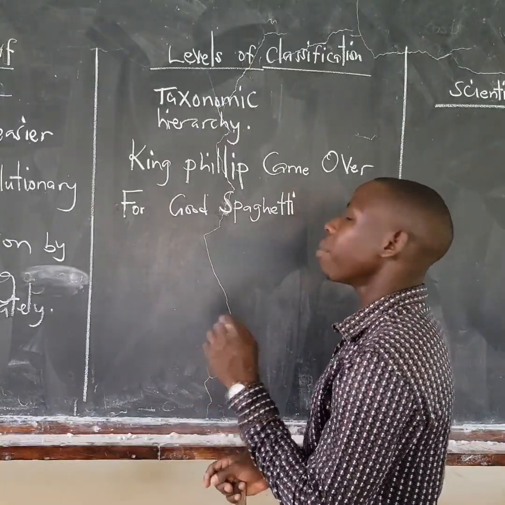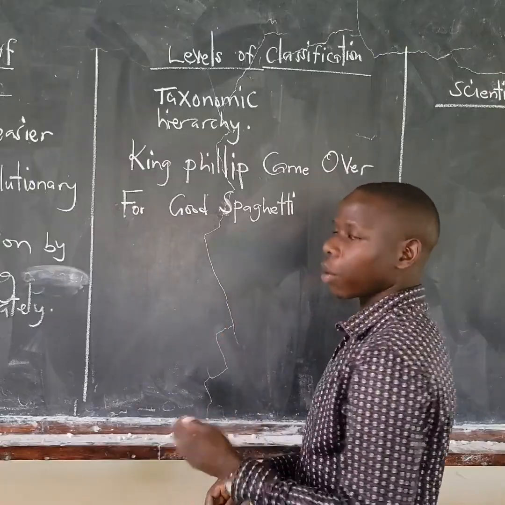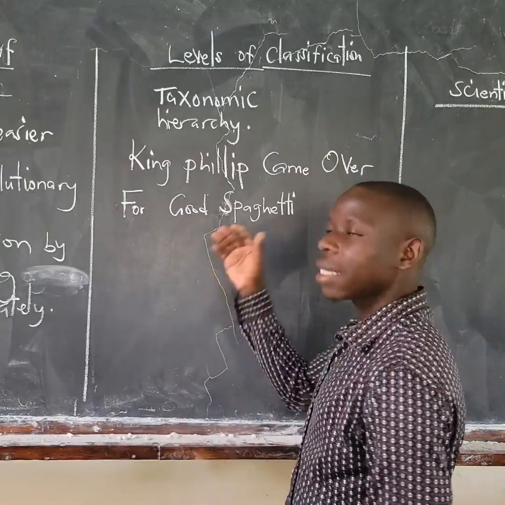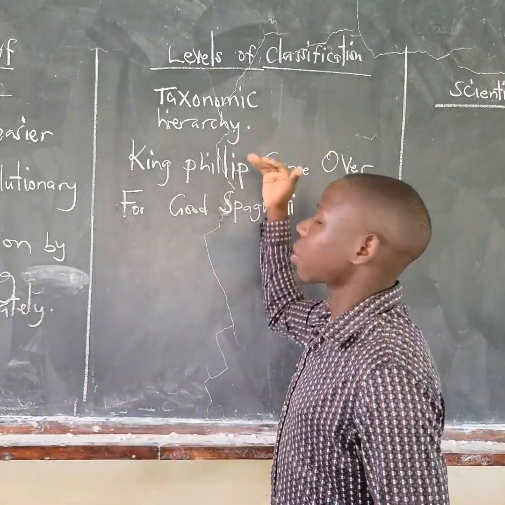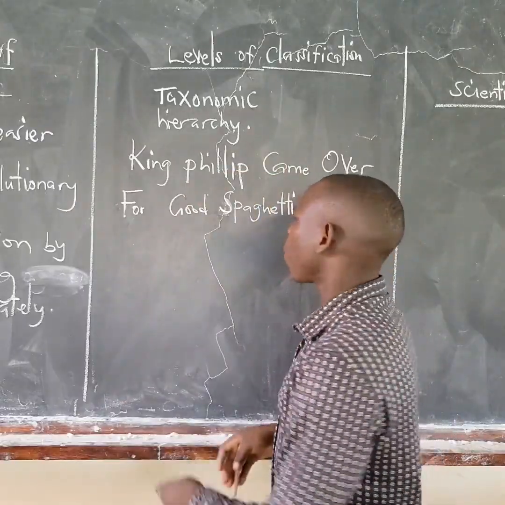This is our mnemonic. We are going to use it to understand the levels of organization in what is called the taxonomic hierarchy.